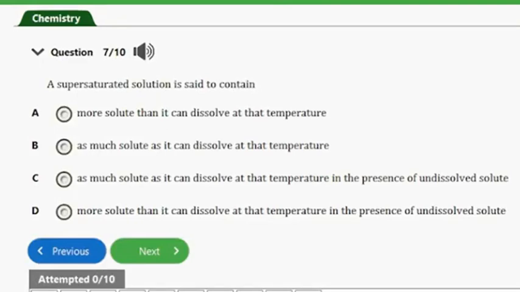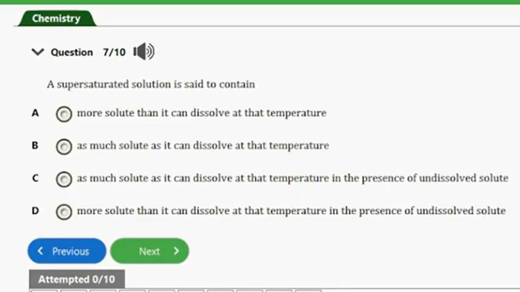It says, a supersaturated solution is said to contain A, more solids than it can dissolve at that temperature, B, as much solute as it can dissolve at that temperature, C, as much solute as it can dissolve at that temperature in the presence of undissolved solutes, D, more solute than it can dissolve at that temperature in the presence of undissolved solutes.